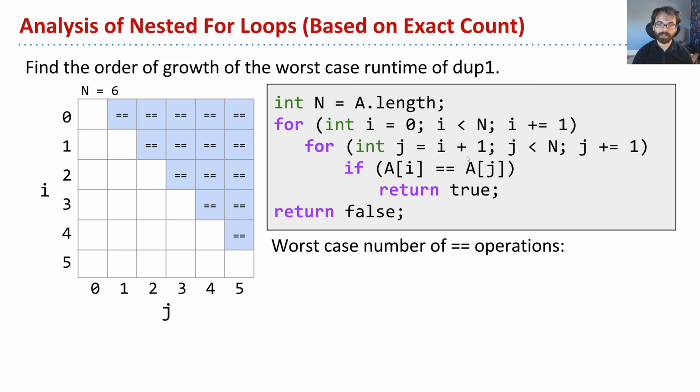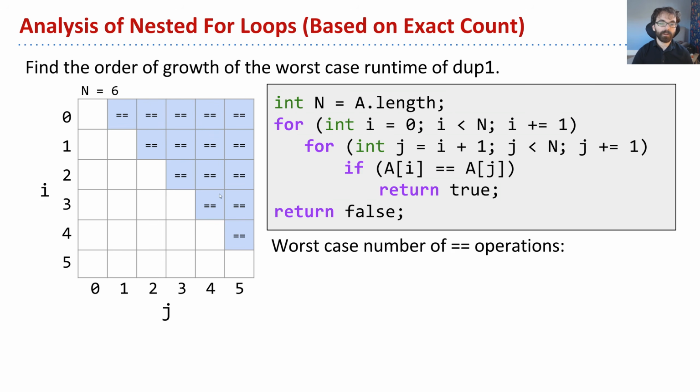When i is 1, j starts at 2, right? And then it goes 3, 4, 5. When i is 2, then j gets initialized to 3, and it goes 4, 5, and so forth. So all of these cases here, marked in blue with these equal signs, are when we actually run equal equals. And in the worst case, all of them occur.